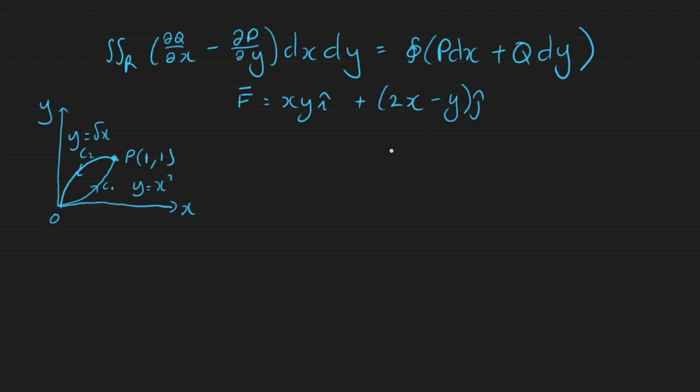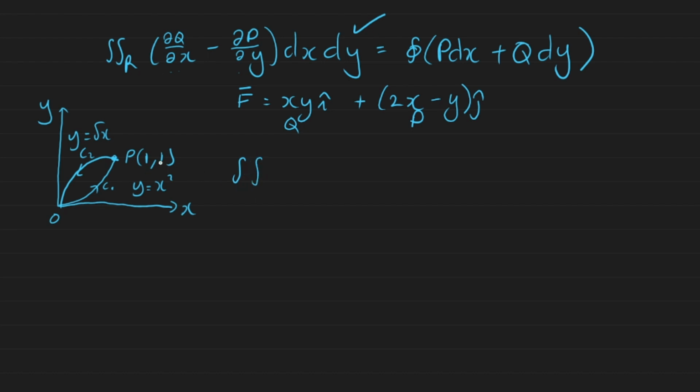So let's start by applying it to the left-hand side, where we'll just evaluate this double integral. We can see that we need dQ/dx and dP/dy. So this is Q and that's P. We're taking the double integral around this region, so we can write the boundaries of this region.